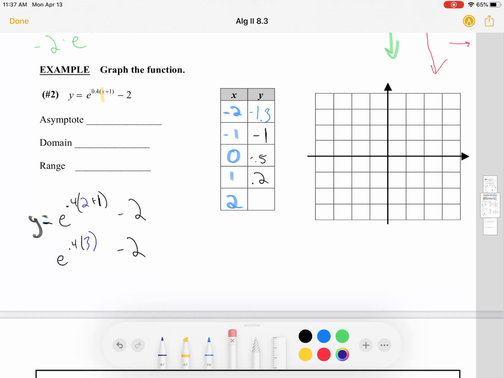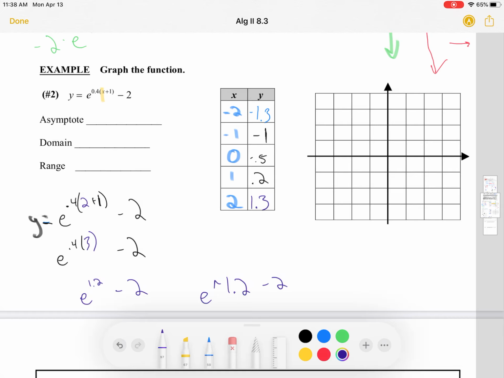Now we can do this next step in our head, or you could use the calculator as well. 0.4 times 3, that's the same as 4 times 3, but just put a decimal in between. You should end up getting e to the 1.2 power minus 2. When you type all that in, you're typing in e caret 1.2 minus 2. We should end up getting 1.3.